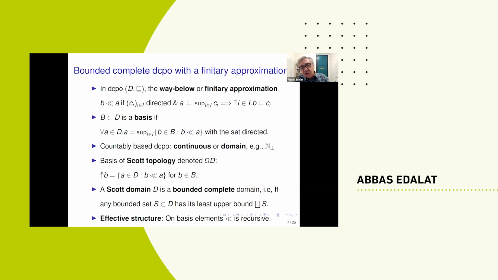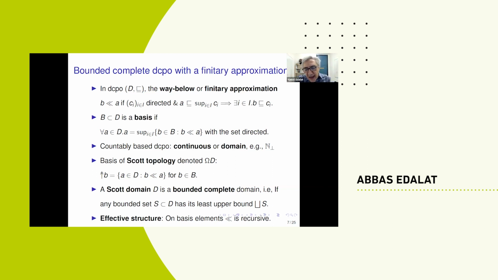And then the Scott topology, named after Scott, which we denote by capital omega D of a continuous domain, takes a very simple form. You take any basis element B, and you take all the elements that this basis element approximates in a finite way, so all elements A that are way above B, or B is way below A. So that forms the basis of Scott topology.